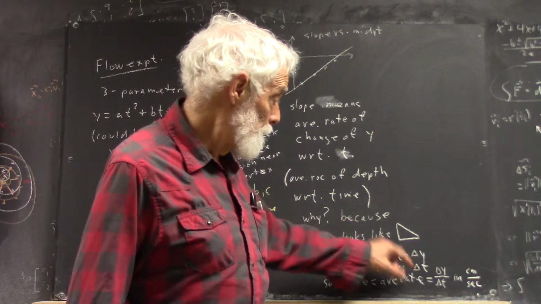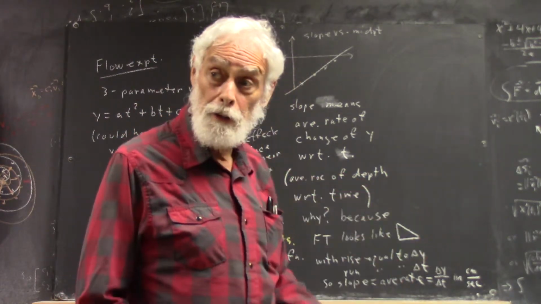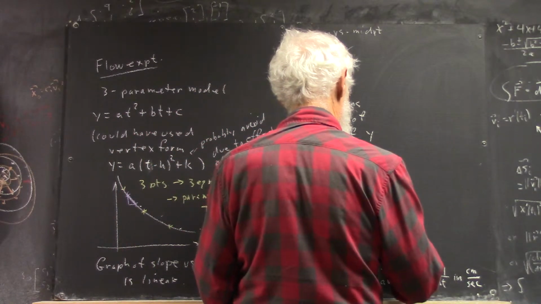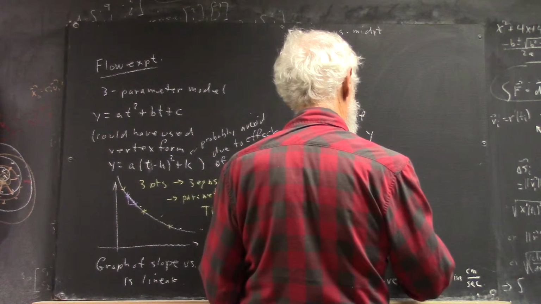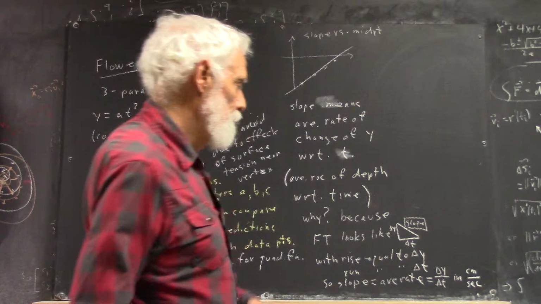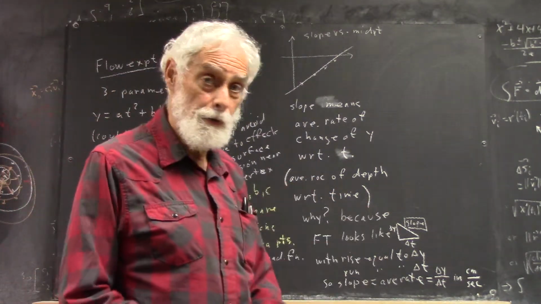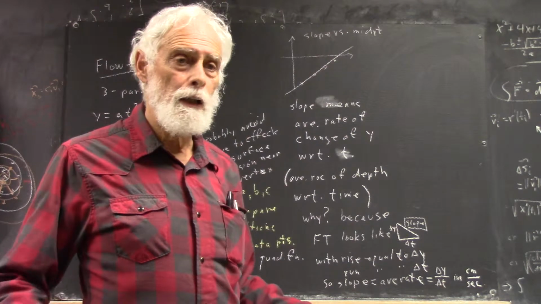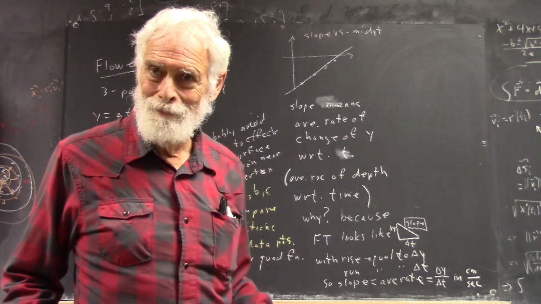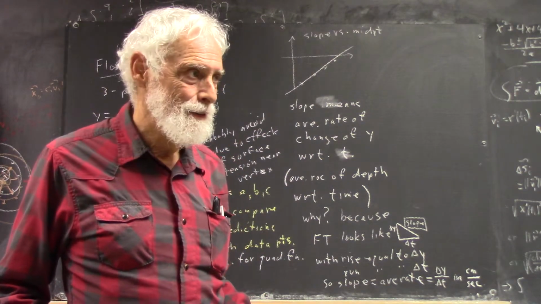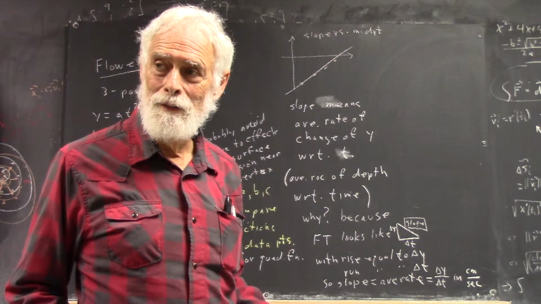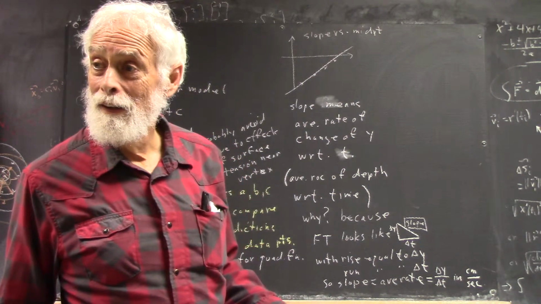You still have your fundamental triangle, your change in Y, your change in T. You've got delta Y, delta T, and slope, which is rise over run, delta Y over delta T. Okay, so if it's dollars and years, let's say dollars and hours. What's the meaning of delta Y over delta T? Change in dollars per hour. Sorry? The average change in dollars per hour.